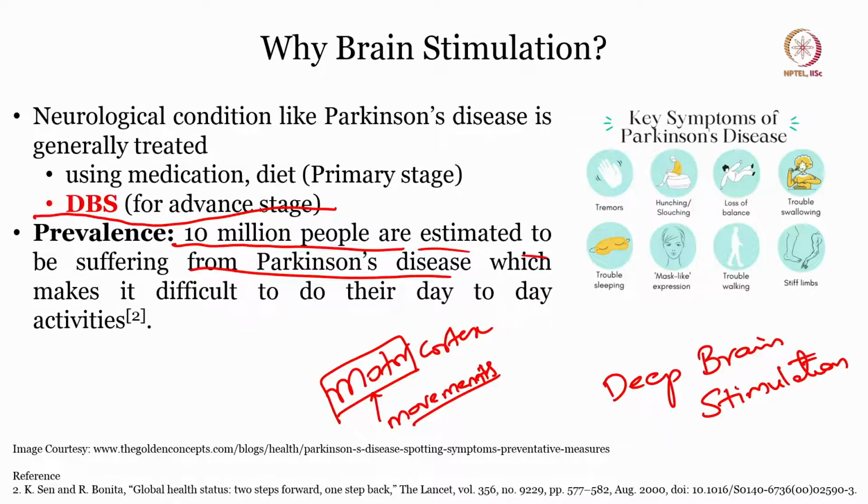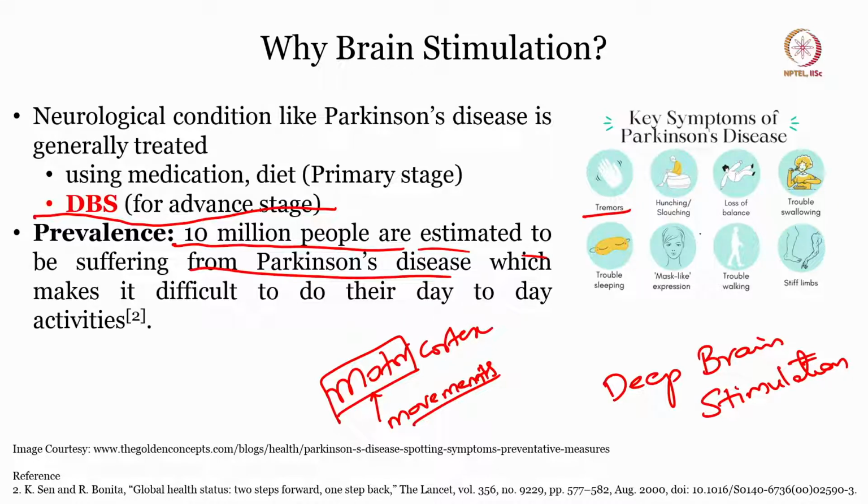If you move the hand, or turn right or left, some kind of motor action or movement takes place in your body, which means there is some activity happening in the brain. So, that region we refer to as the motor cortex. If there is any disorder, then we have to deal with the motor cortex region.